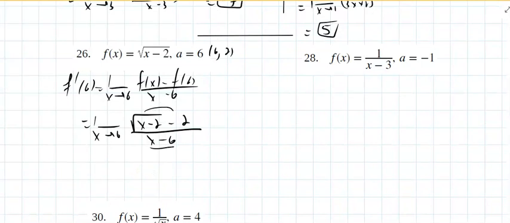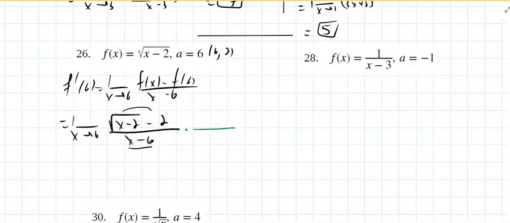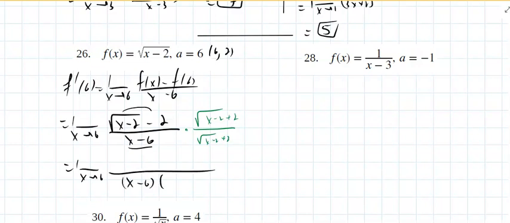You multiply by the conjugate. That never gets old. Actually, that's the beauty of radicals. You know exactly what to do. So if you multiply by the square root of x minus 2 plus 2, you will get the limit as x approaches 6. The denominator, the reason we never multiply those is because they're going to cancel out this. That's where the 0 is.